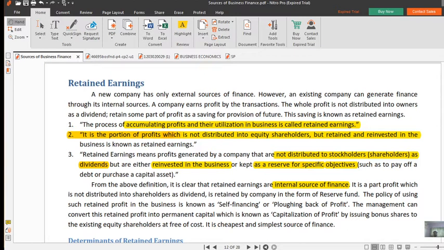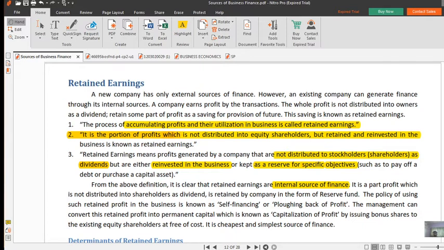The next definition of retained earnings: the process of accumulating profits from each and every year and their proper utilization through proper channel is known as retained earnings.